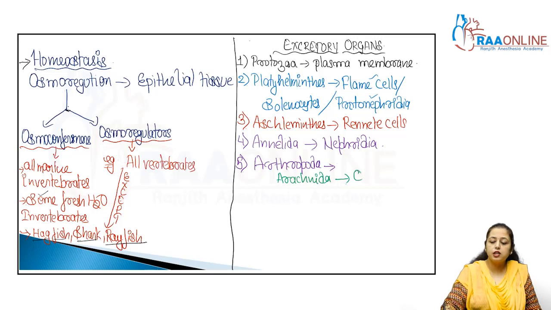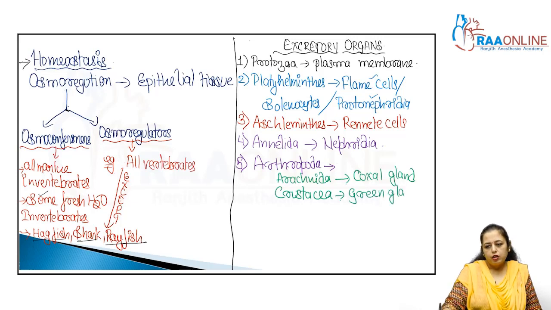and in arachnida the excretory organ is the coxal gland, right? In crustacea, the green gland, which is also known as the antennal gland, right?